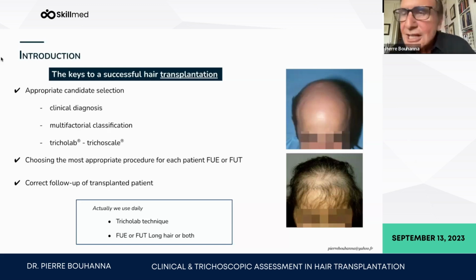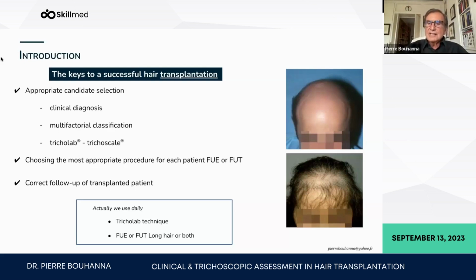It's exactly the same. And after collecting these parameters, I always use a trichoscopic evaluation with Tricolab and Trichoscade: Tricolab for diagnosis, Trichoscade for some measurements.